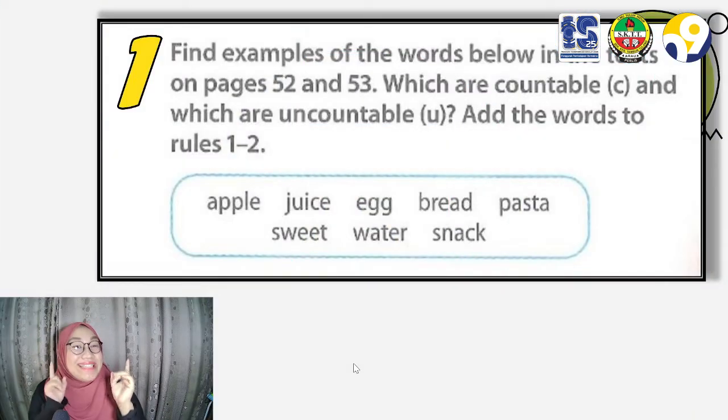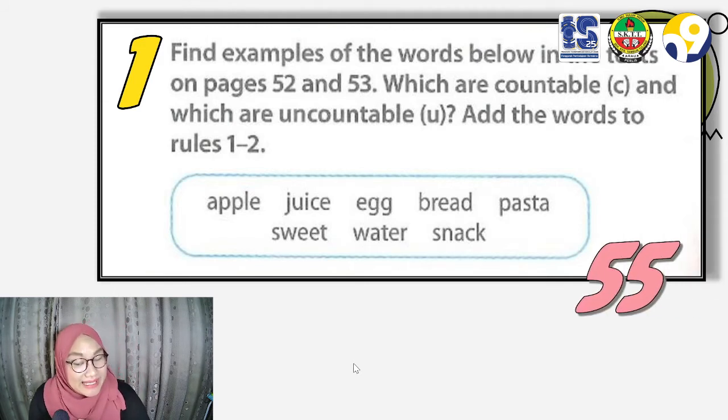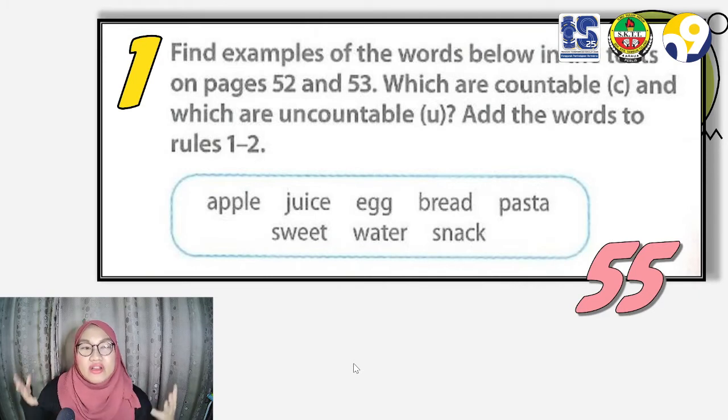Okay, so to test your understanding, how about we do practice 1 from your English Plus 1 textbook on page 55. So go ahead, pause this video and grab your English Plus 1 textbook and turn to page 55. For exercise 1, you need to recall back on the text that you have read on page 53.